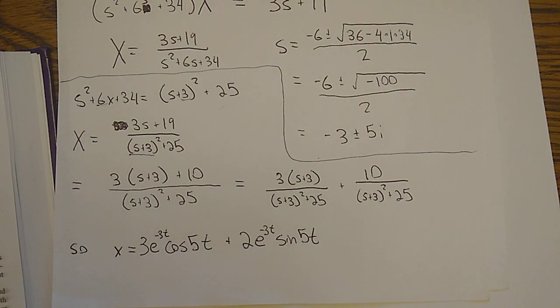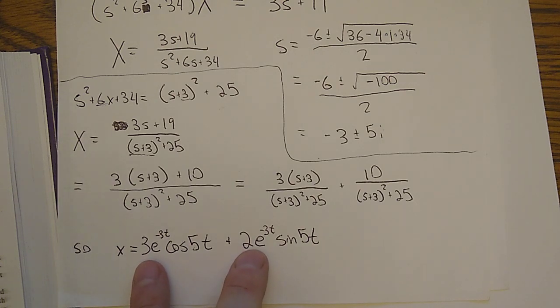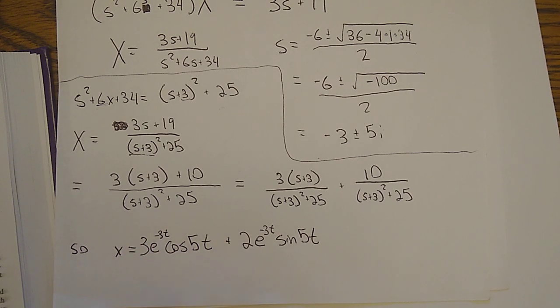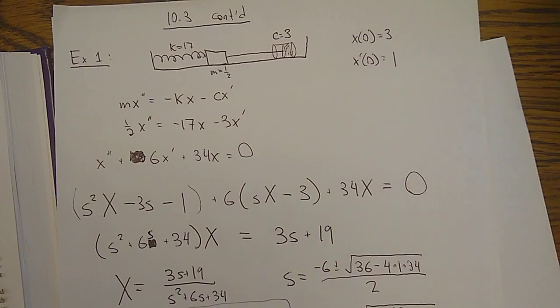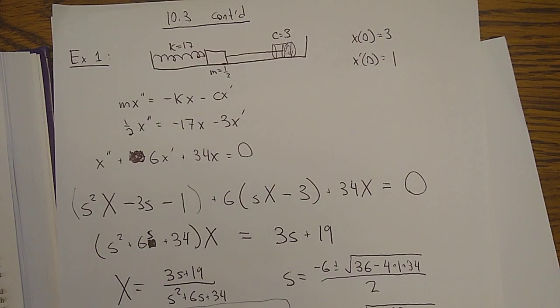So we really should have expected an answer, at least of this form. That argument that I just described doesn't explain this 3 and this 2. To get this 3 and this 2, you would have to go back and use the initial conditions. For us, that part just worked differently.